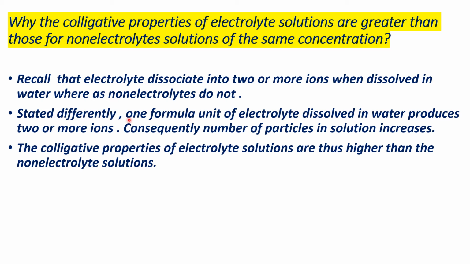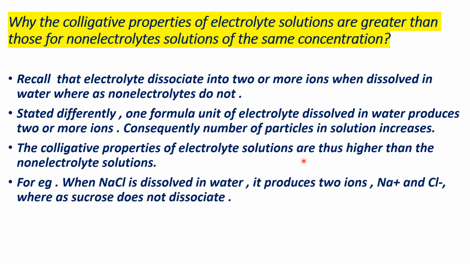Stated differently, one formula unit of electrolyte dissolved in water produces two or more ions. Consequently, the number of particles in the solution increases. The colligative properties of electrolyte solutions are thus higher than those of non-electrolyte solutions.